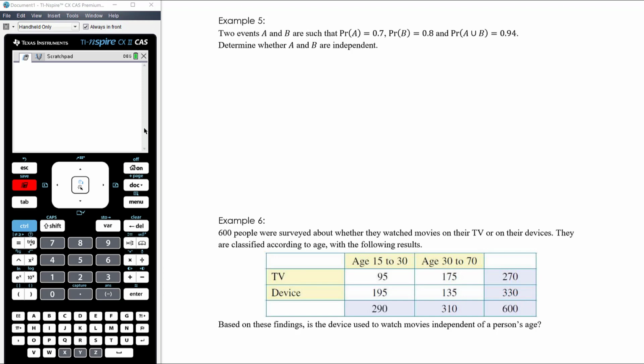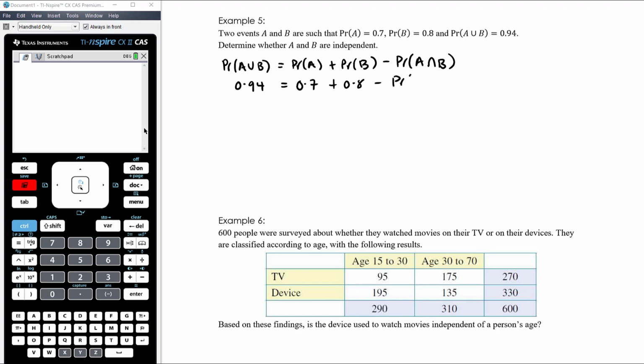So we can calculate the intersection because we can use the addition formula. So we know that the probability of A union B is the probability of A plus the probability of B minus the intersection. And we've got 3 of those 4 bits of information. So the union is 0.94, probability of A is 0.7, probability of B is 0.8, and from that we can work out what our intersection is.